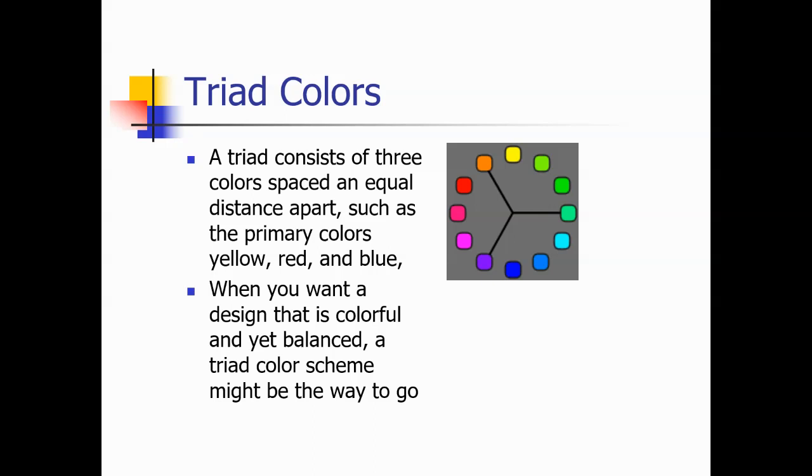Here's a triad color scheme. This is when you select colors that are equally distant on the color wheel. Red, yellow, blue, violet, orange, green, red, orange, blue, violet, yellow, green.